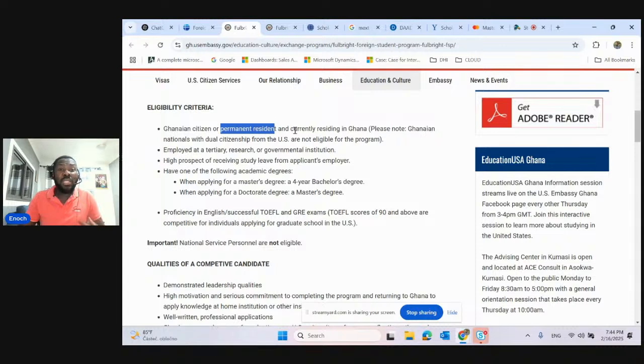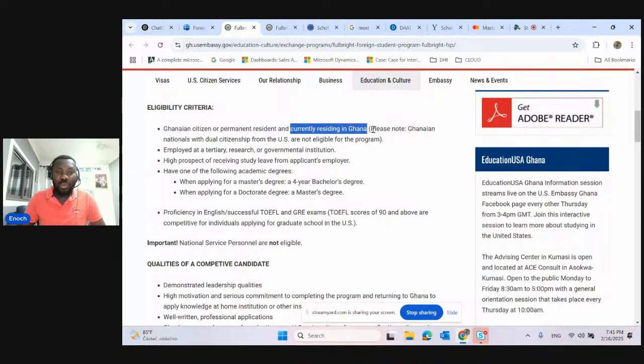And then you must reside in Ghana. For example, in my case, let's say I am a Ghanaian citizen, but I am not residing in Ghana. I'm residing in another country. In this case, I am not meeting one of the requirements, so I might not be eligible for this program.